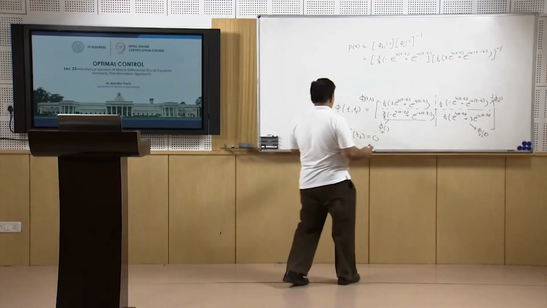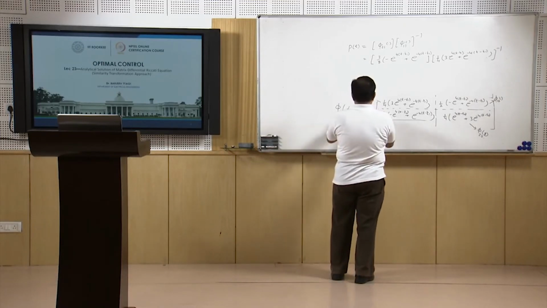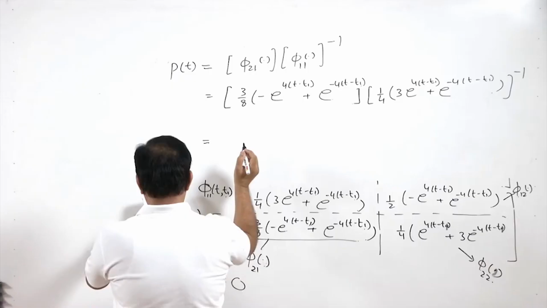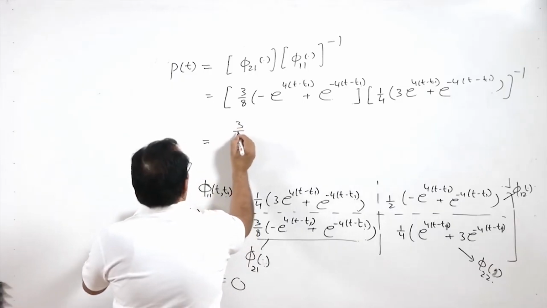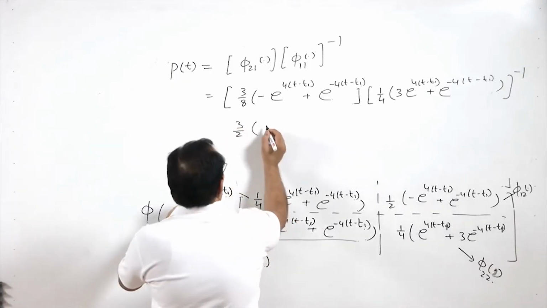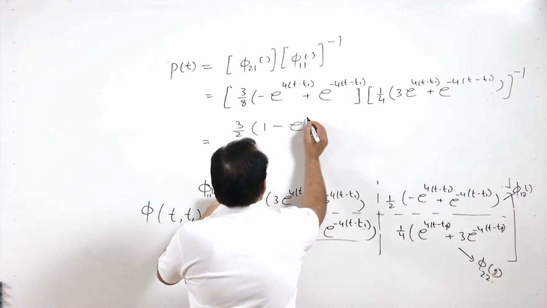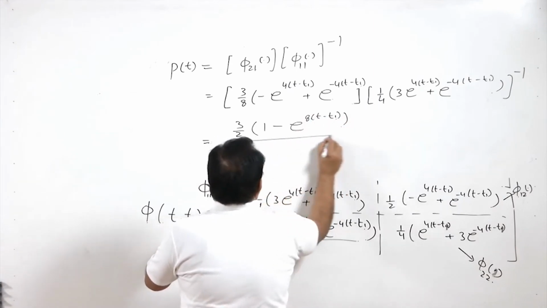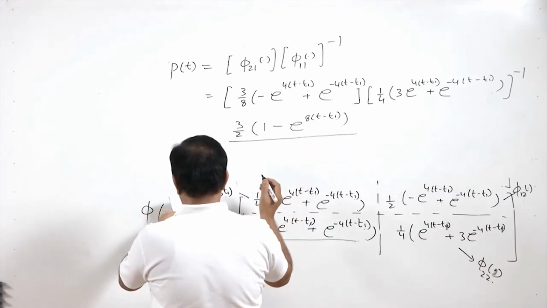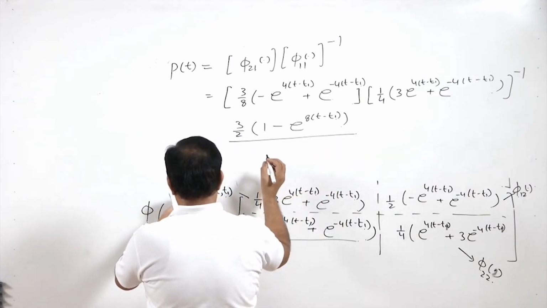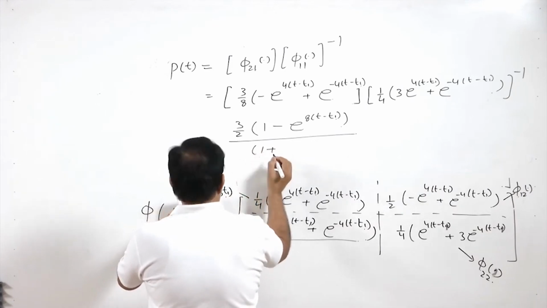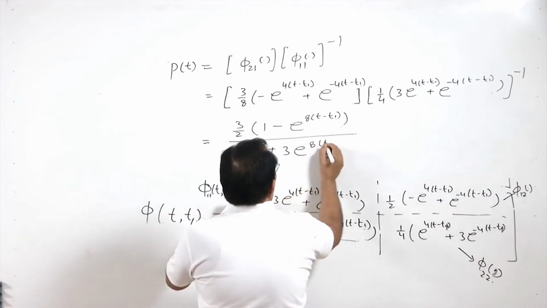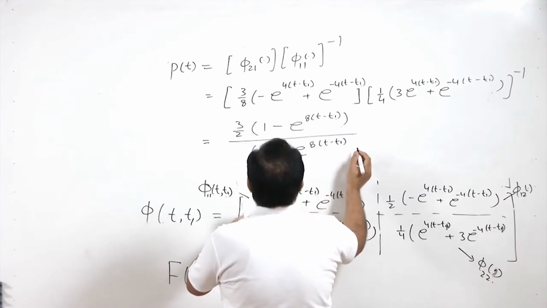So, I can write this, and if I simplify this, I will simply get the final result as 3 by 2 times (1 minus e to the power 8(t − t1)) divided by (1 plus 3 e to the power 8(t − t1)).